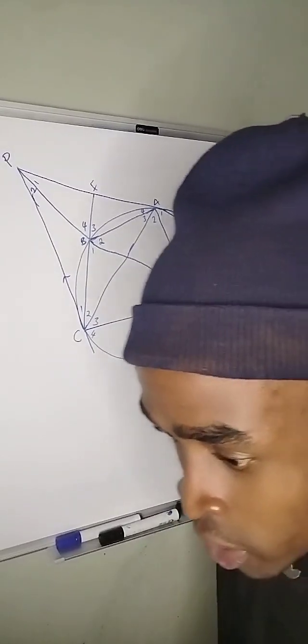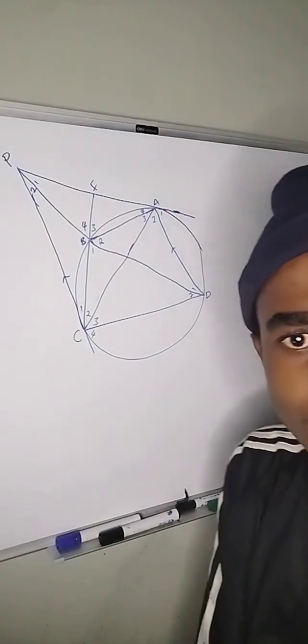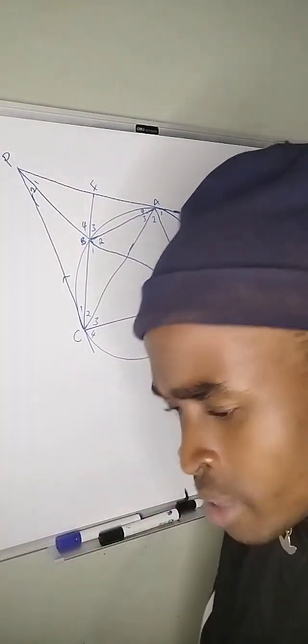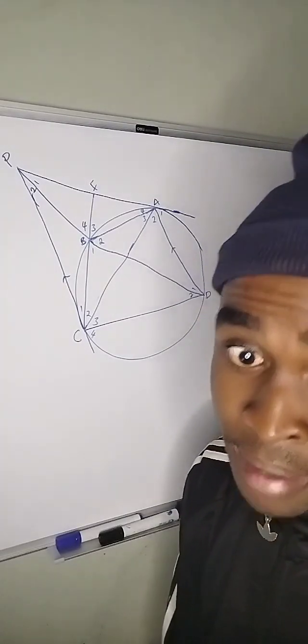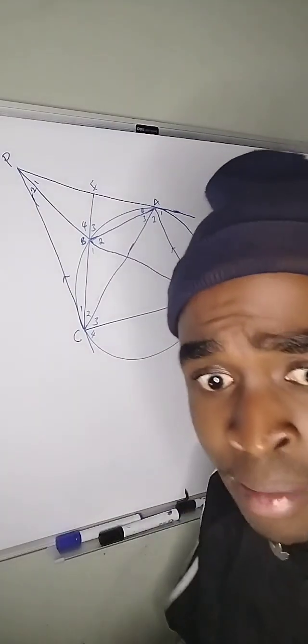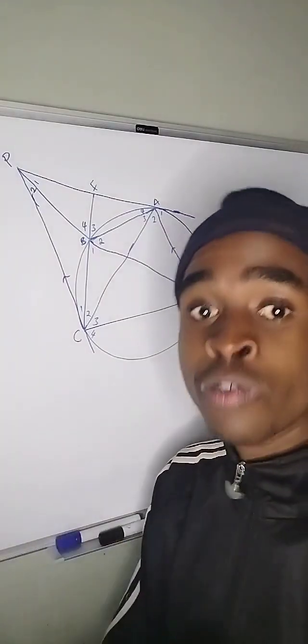So here's the question. They are saying PA and PC, they are tangents. Alright. PA and PC, they're tangents, right? Can I get a yes or no? We are confirming the diagram, because I'm reading the statement and I want you to confirm.